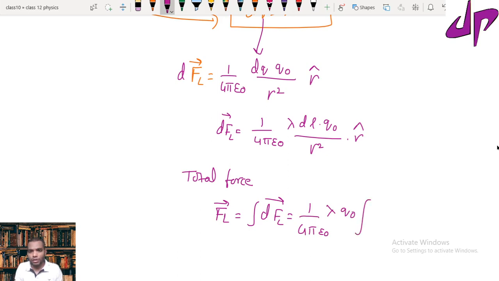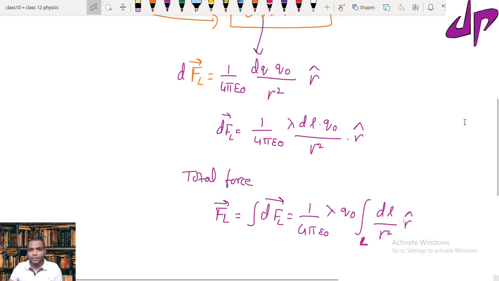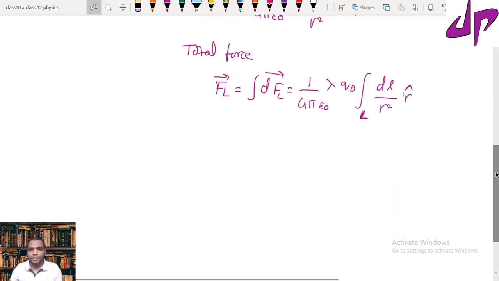So we need to integrate dl by r square for the total length. So this is a line integral, and the direction r roof.